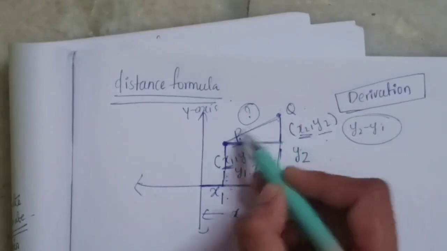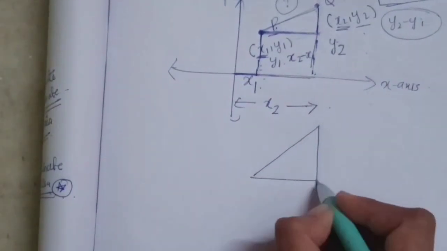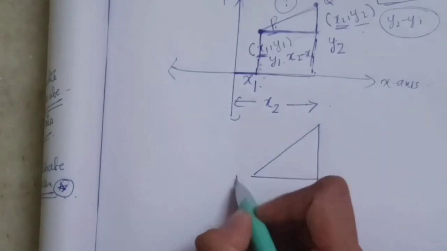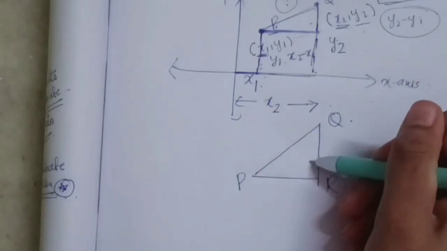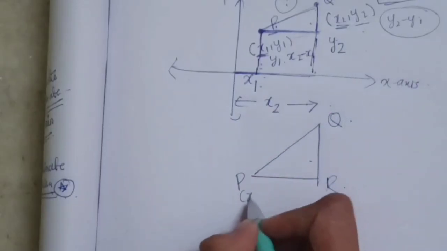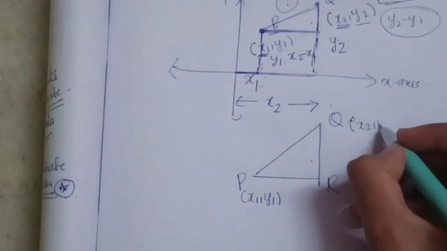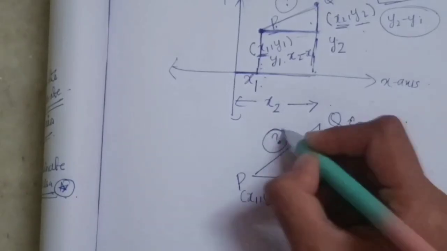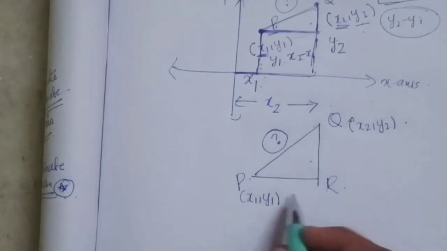Now let us zoom in over this right angle triangle and derive it. Let us say this is a point R, this is a point P, and this is the point Q. The coordinates here are x1 comma y1 and here are x2 comma y2. We need to find this distance, which is the actual distance between the points.